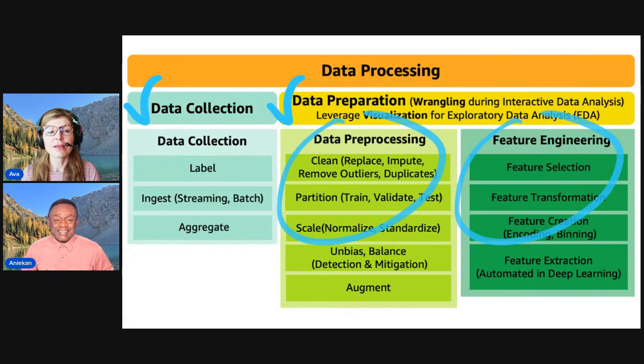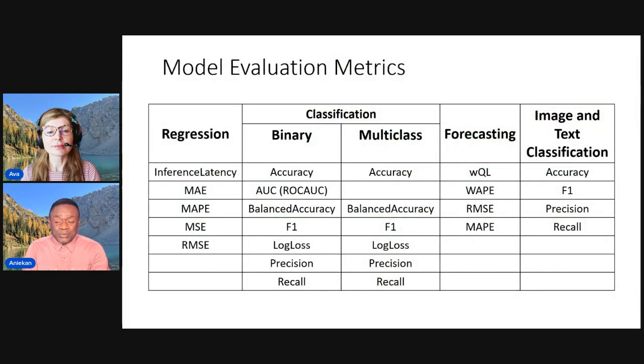Very cool. And now back to what happens after you have trained your model. Let's break down model evaluation first. When you're evaluating your model's performance, you're going to look at different metrics depending on the problem type. Yeah, that is right.